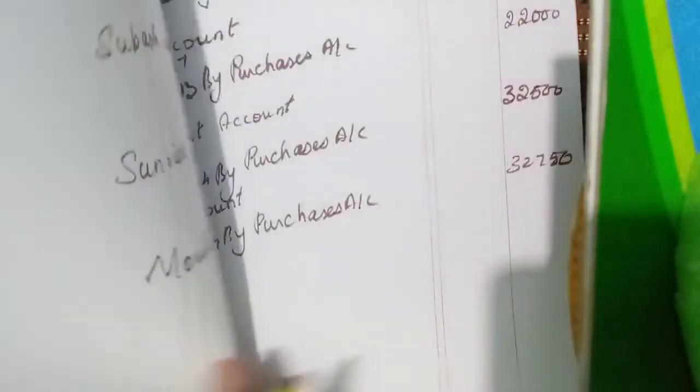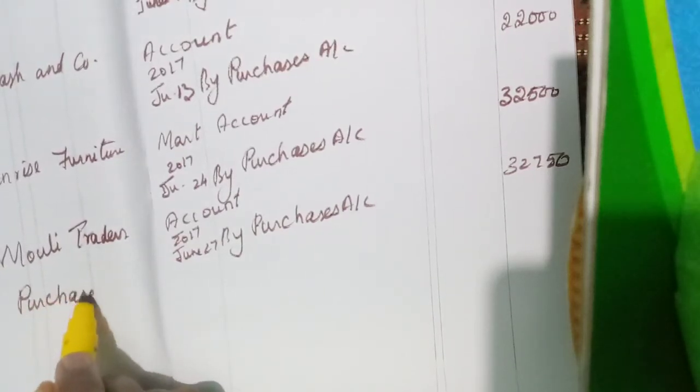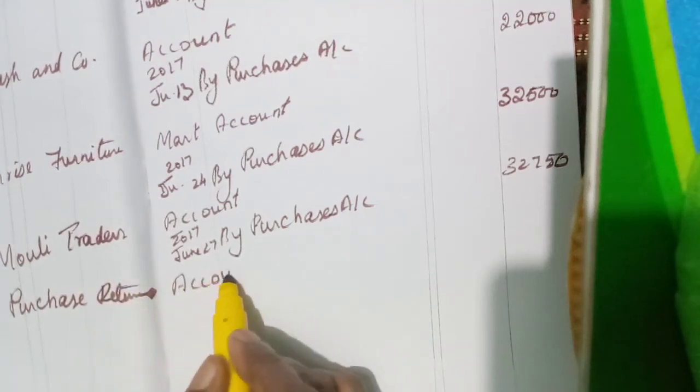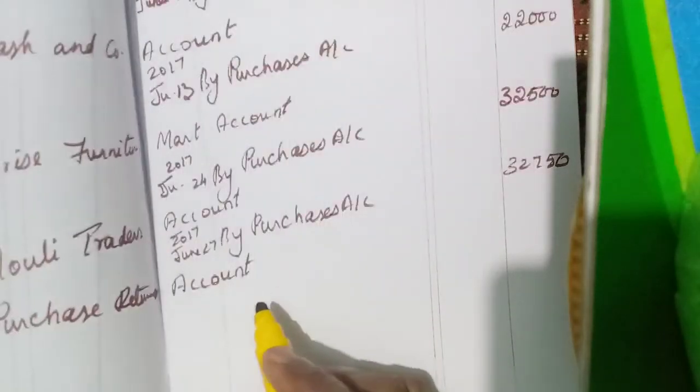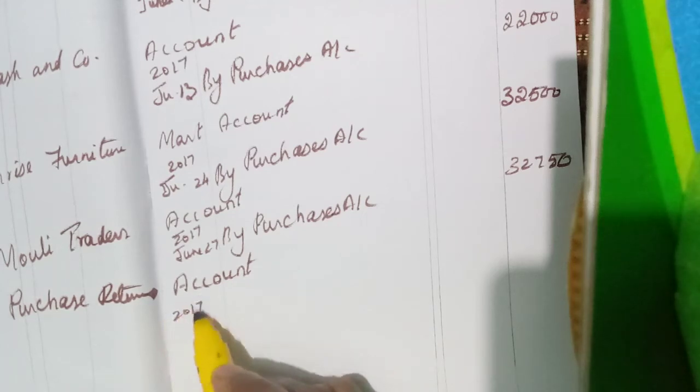Okay, then purchase returns account. Purchase returns account. So here purchase returns account credit side 4,200, isn't it? So 2017 June last date.